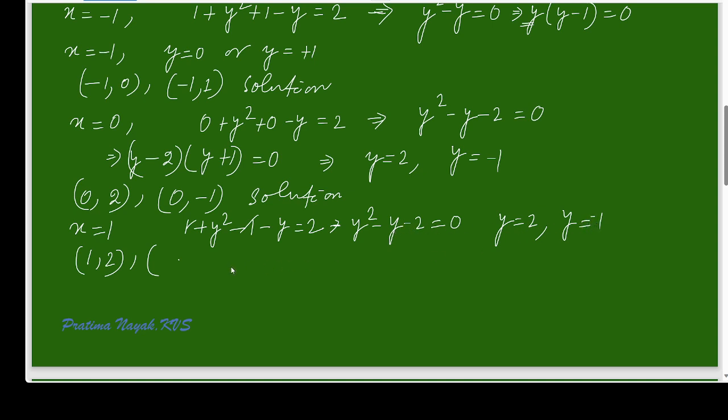Again I made a mistake, it was minus 1, because this gives us y minus 2 into y plus 1. So for x equal to 1, y is 2, and y is minus 1.